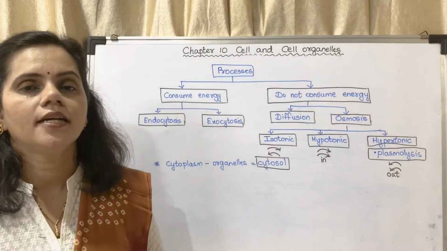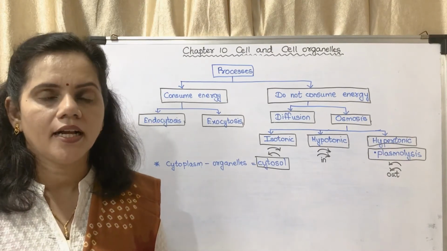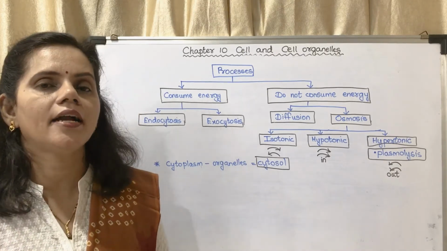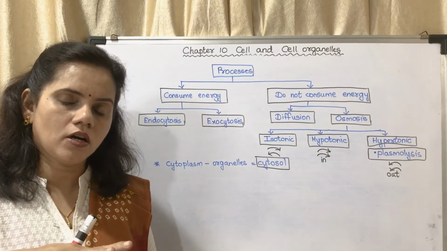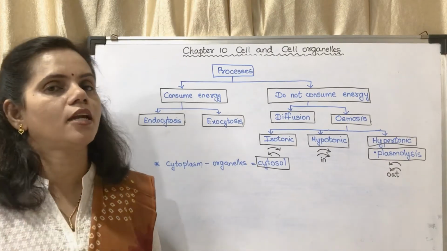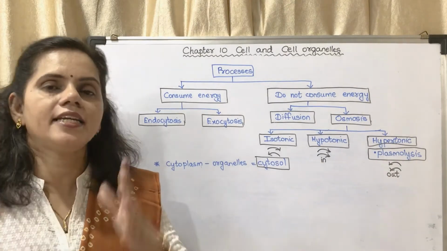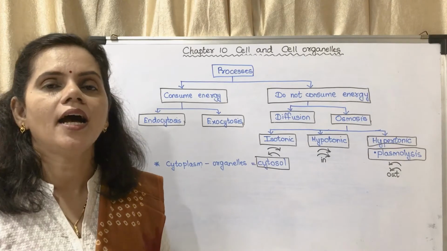Isotonic means when the cell is having enough amount of water. If you put a cell in water and the water is not going inside the cell, or going from the cell to outside, that means there is enough water inside and outside. That condition is said to be isotonic.